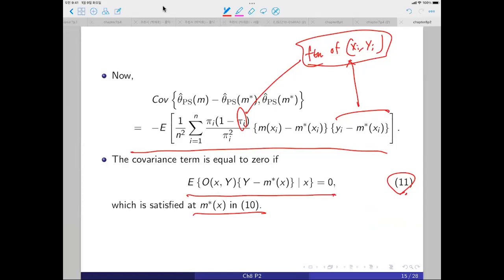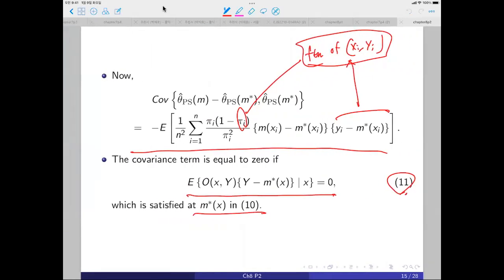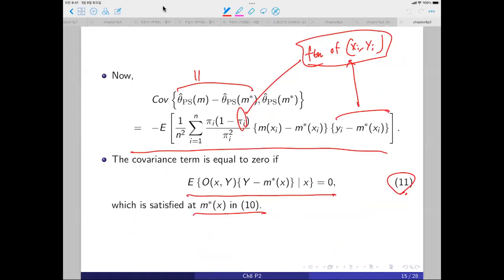So the case where pi is known is relatively easy. Maybe this is a little bit, actually you need to work out the form of this if you really want to show it, but I do not want to repeat. So you use this one as a function of m, and then you put m star aside and subtract, right? So then you get something like this.